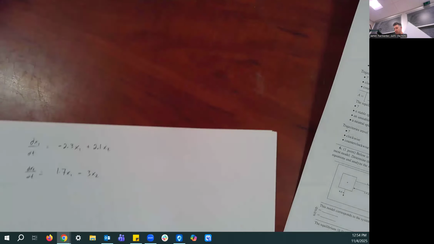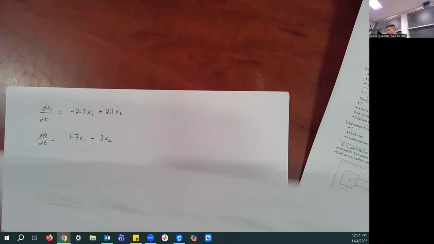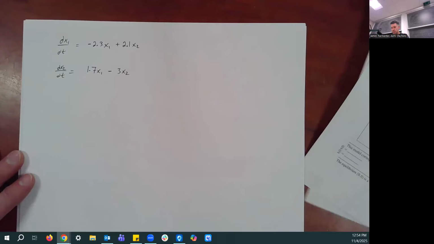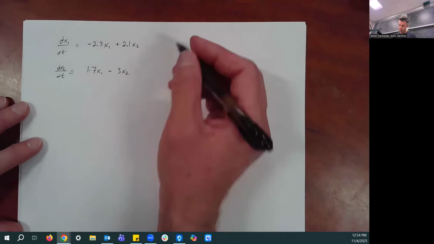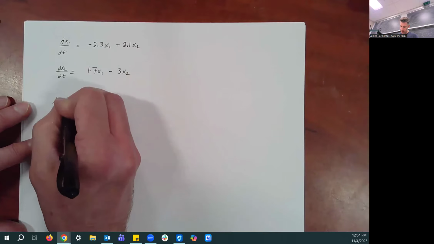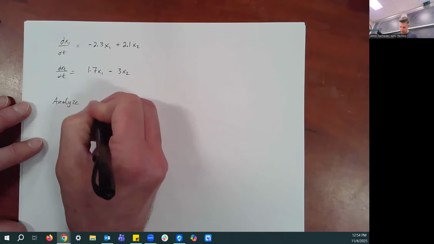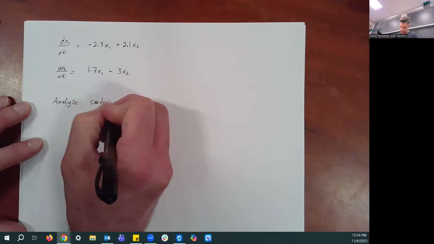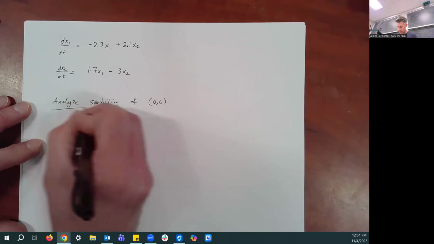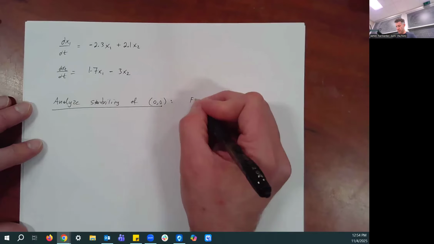I feel like finding the eigenvalues here is going to really, really suck. Well, let's take a look anyway. So we're going to analyze the stability. So we're going to find the eigenvalues.